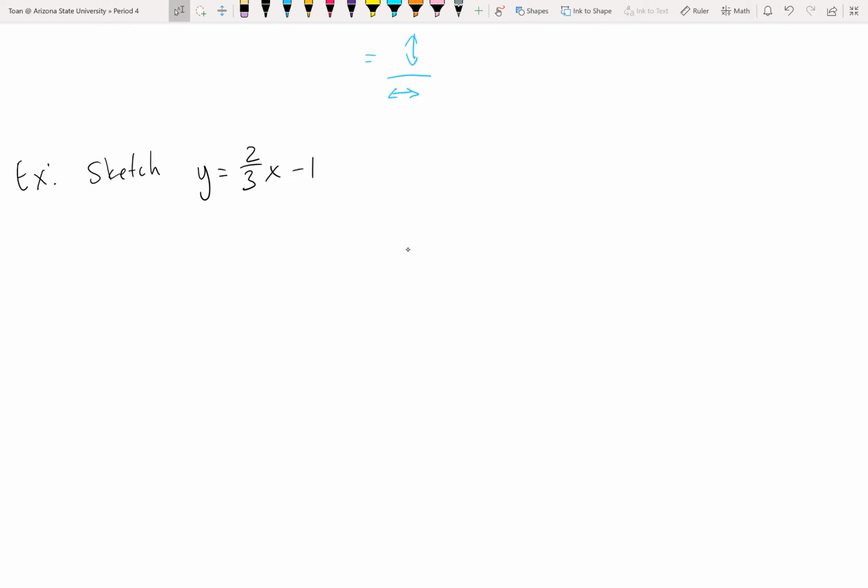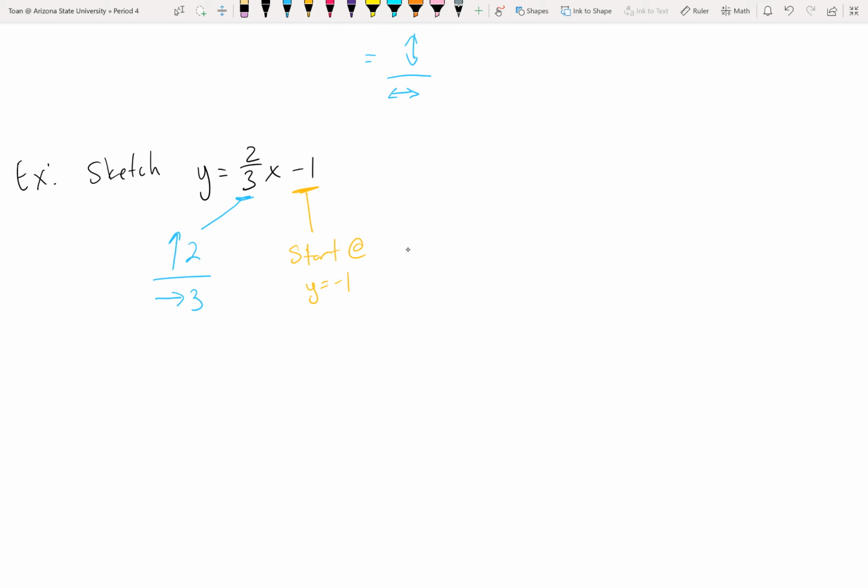The idea being, hey, this equation's in slope-intercept form. It gives me information. The slope of 2/3 tells me I'm going to go up 2 and right 3. And the y-intercept of minus 1 tells me to start at -1 on the y-axis.